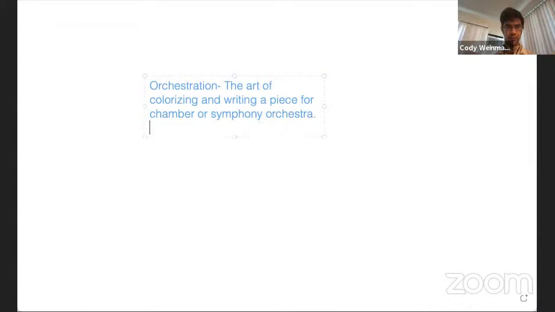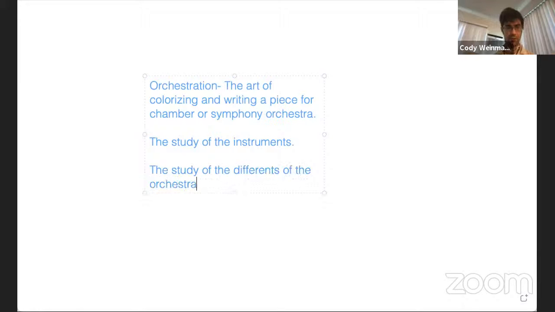You can also have this as a definition: the study of the different instruments of the orchestra and how to write for them. So you have those definitions. Go ahead and feel free to copy those down.